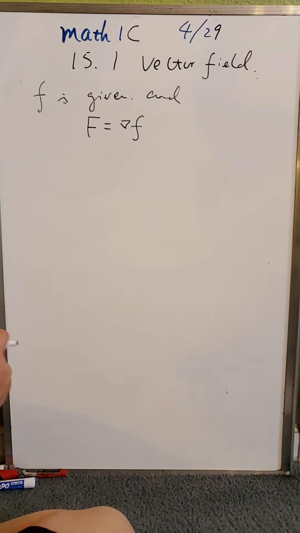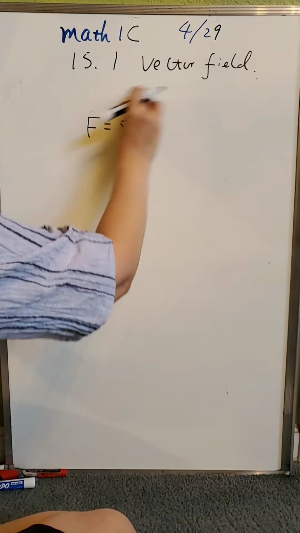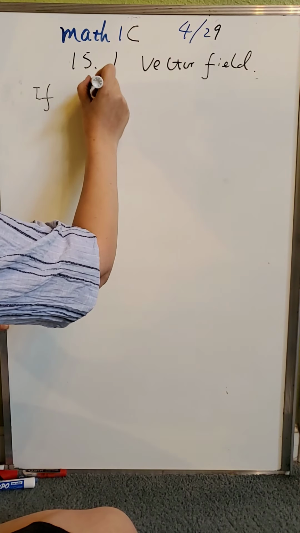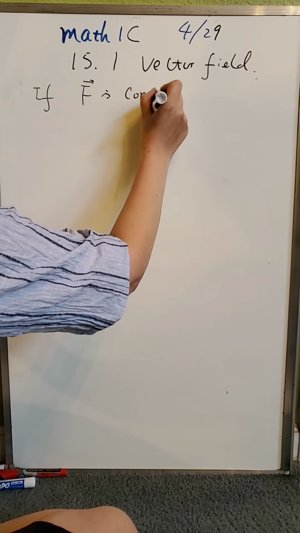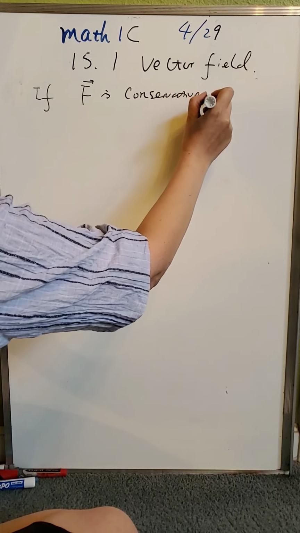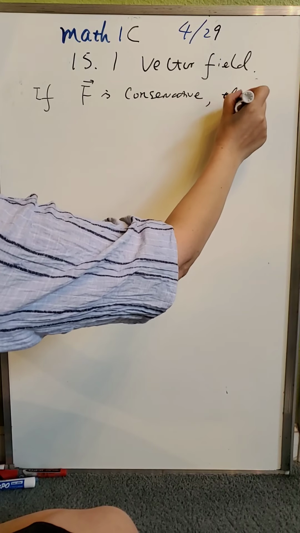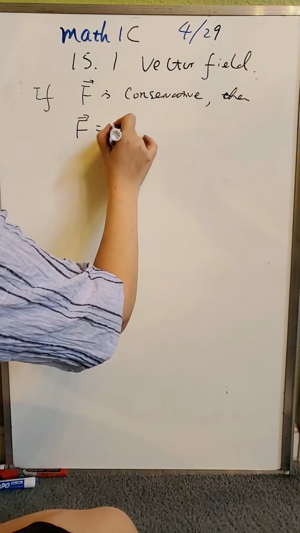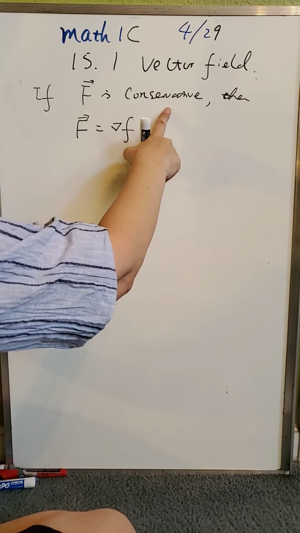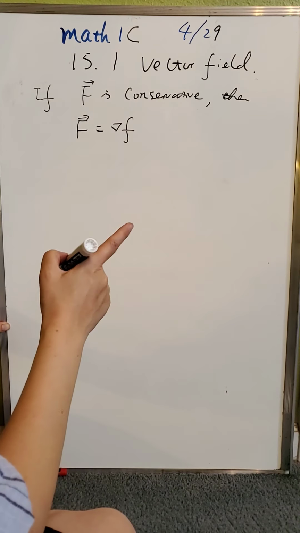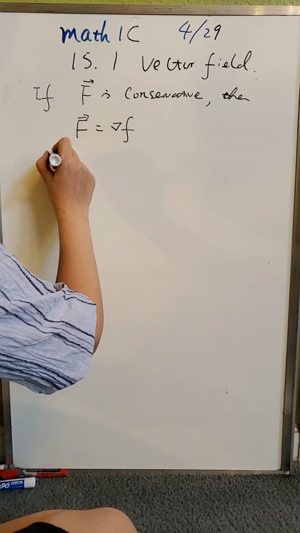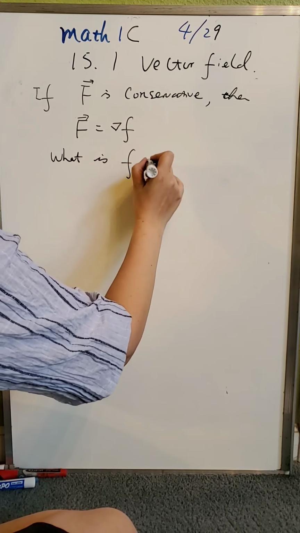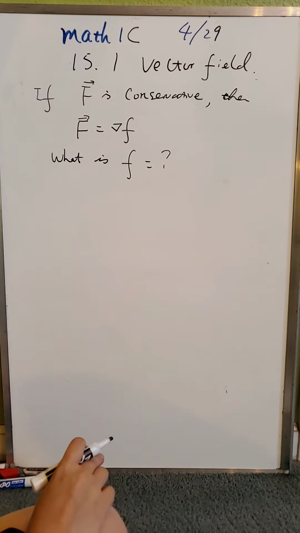Let me rephrase. If F is conservative, then F will equal del f, so if it's conservative, that means it is also a gradient field. Then what is f equal to?